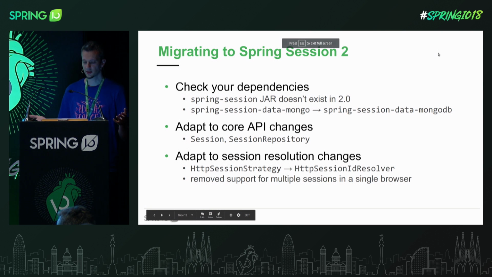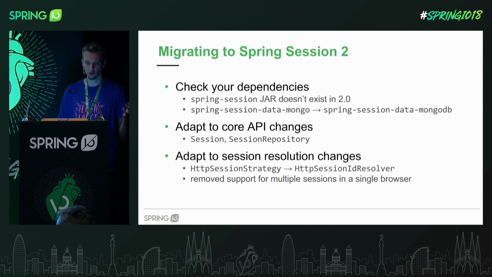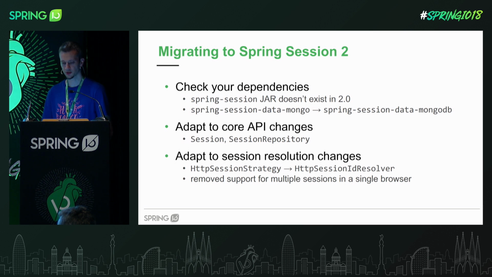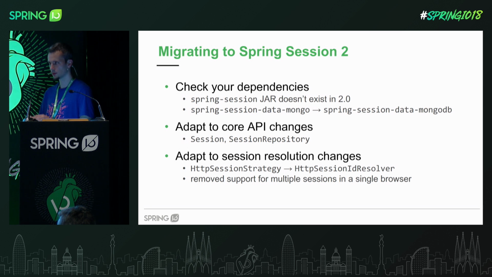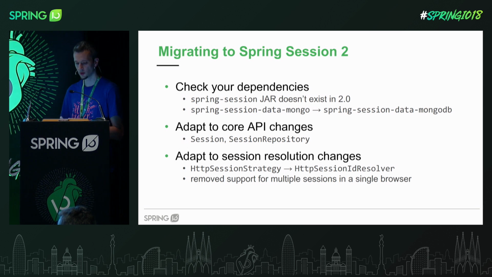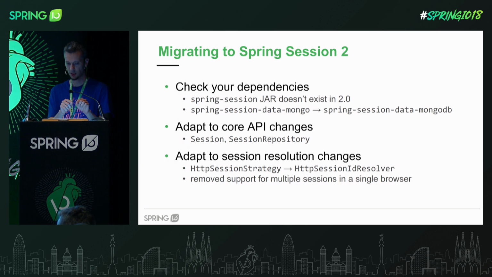Okay, so migrating to Spring Session 2, basically we've talked about most of these points. I'm just going to reiterate and emphasize the critical ones. Project module changes: we don't have a Spring Session jar anymore. We have Spring Session Core instead, but the artifact named Spring Session doesn't exist anymore.